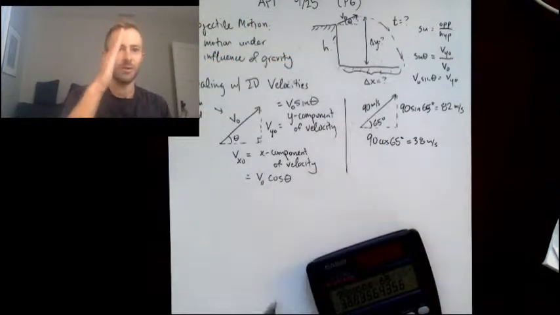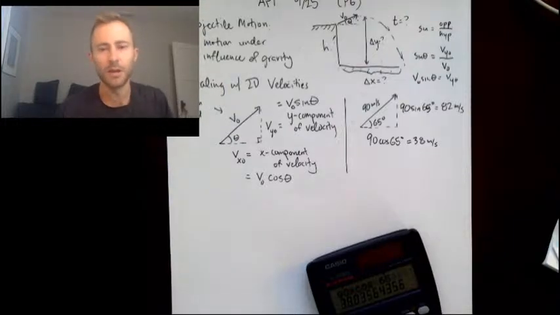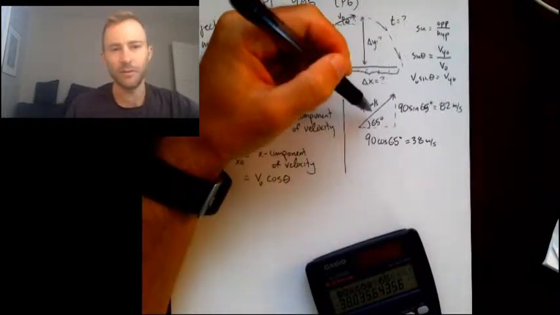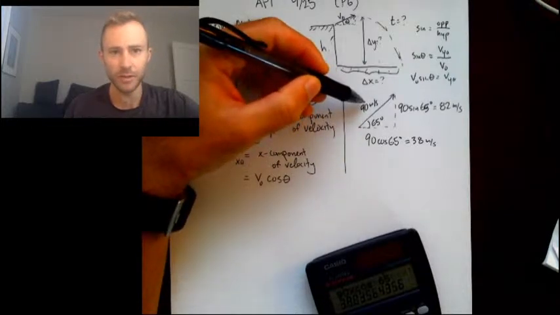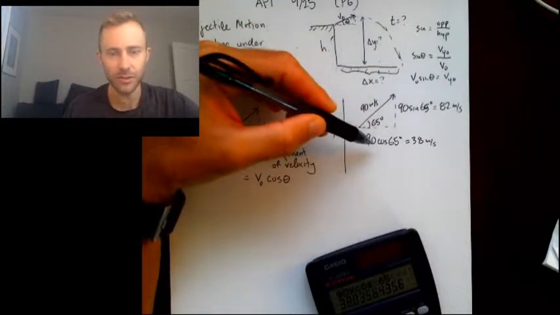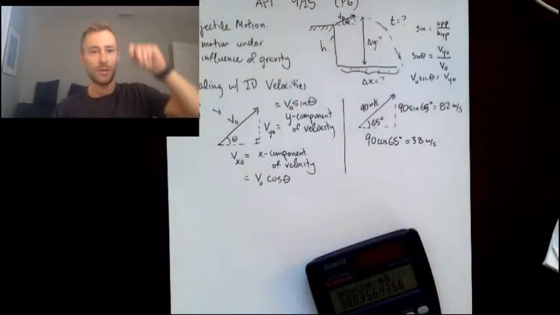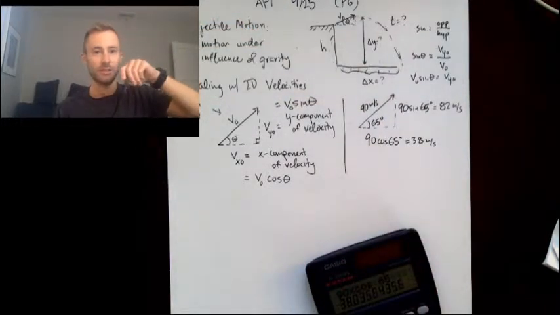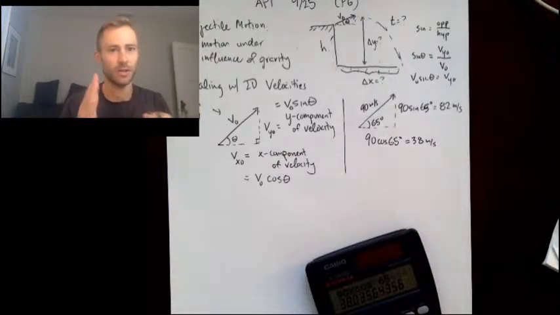It should be more vertical than I drew it. So what that means is that if you launch something with a 90 meter per second speed at an angle of 65 degrees above the horizontal, it is equivalent to moving up and down at 82 meters per second and to the right at 38 meters per second simultaneously. Okay?